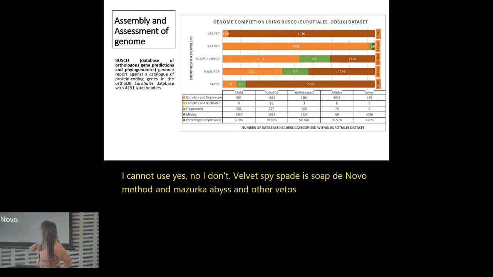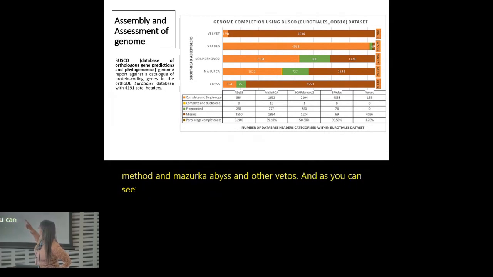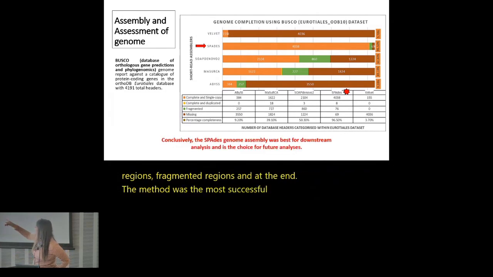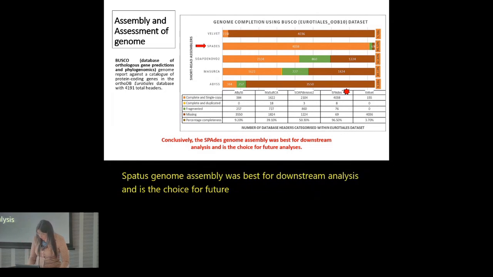As you can see, some predicted complete genes, many missing regions, fragmented regions, and at the end, the most successful method was SPAdes. SPAdes genome assembly was best for downstream analysis and is the choice for future analysis, where we looked at predicted genes.